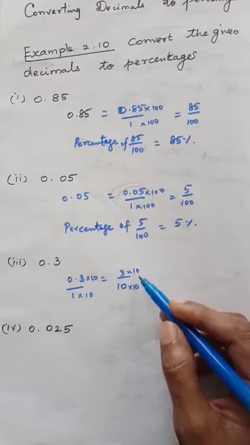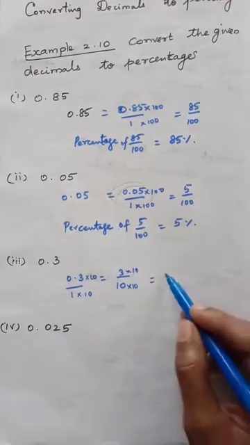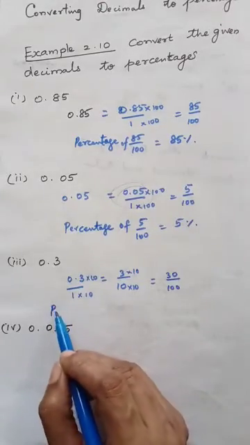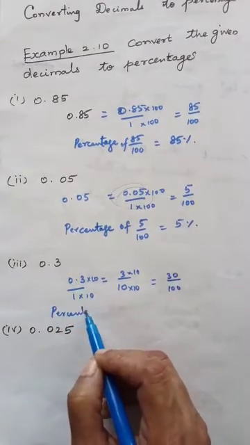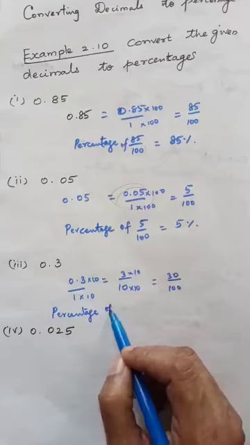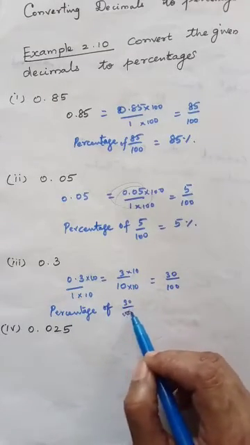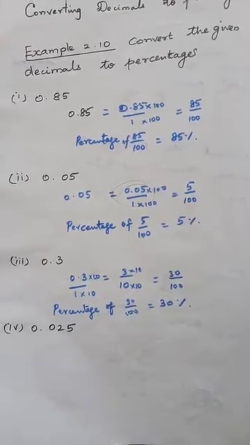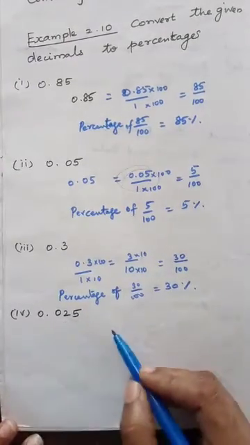So again I am multiplying by 10. Now it comes as 30 by 100. Now the percentage of 30 by 100 is 30 percentage. Have you understood?